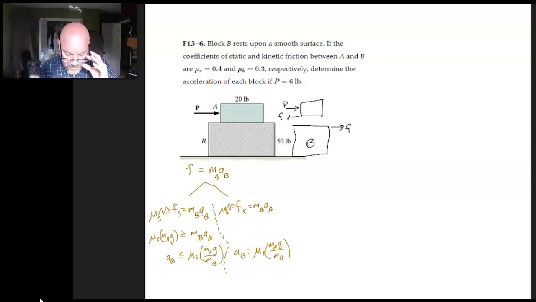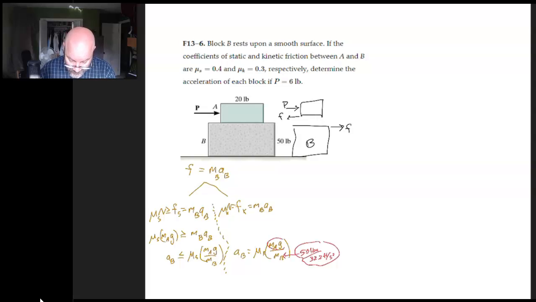I'm going to give you those numbers in just a second, but I want you to notice we're in English units here, pounds, so you've got to be pretty careful when you deal with that. That means when I'm dealing with M_B, I really need to put 50 pounds divided by 32.2 feet per second squared. That value right there is my mass for B.